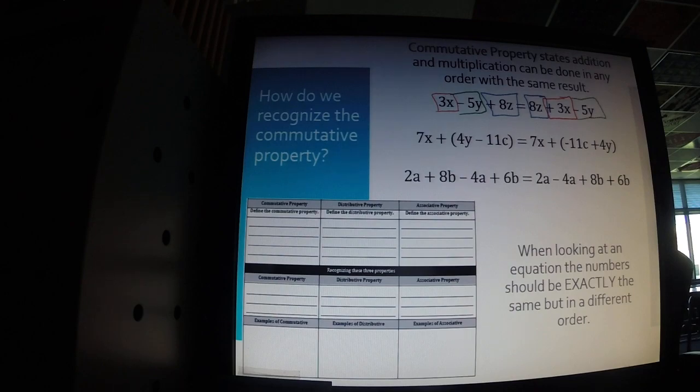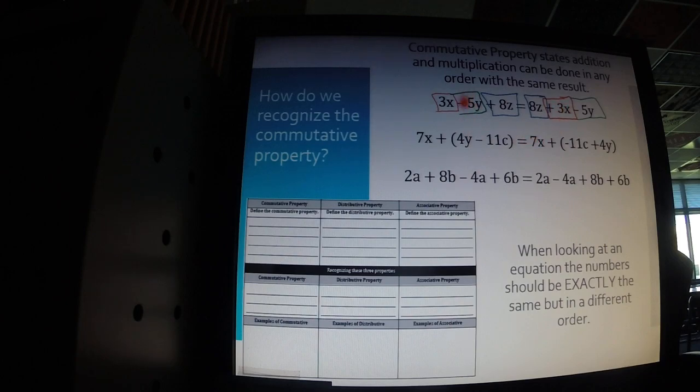So notice on this side, we did red, which was 3x, green, which was negative 5y, and blue, which was 8z. On this side, we have the same numbers. There's the 8z, there's the positive 3x, and there's the negative 5y. Okay, but the difference is that they've moved. So the 3x was first, but now the 3x is in the middle.